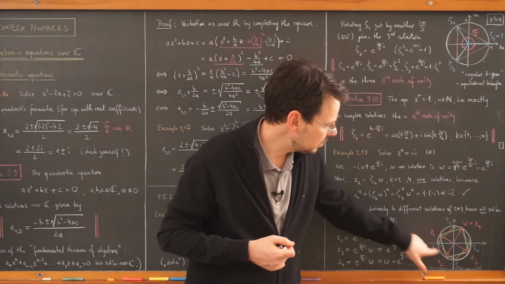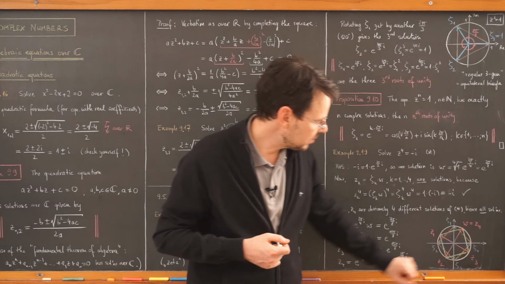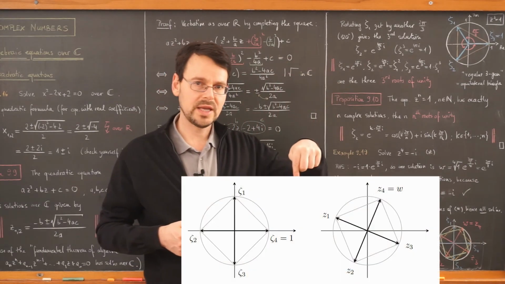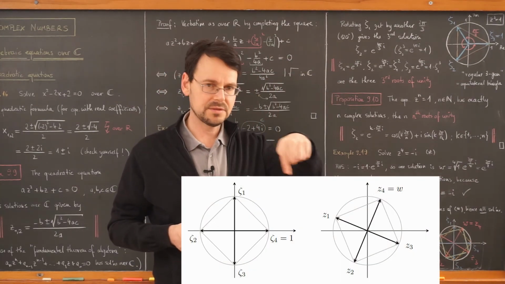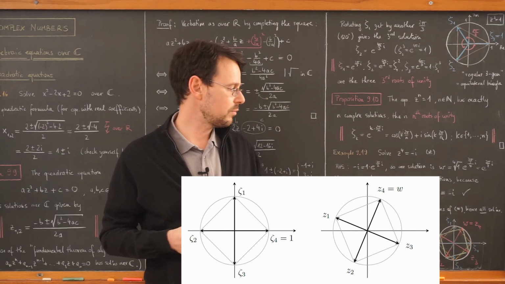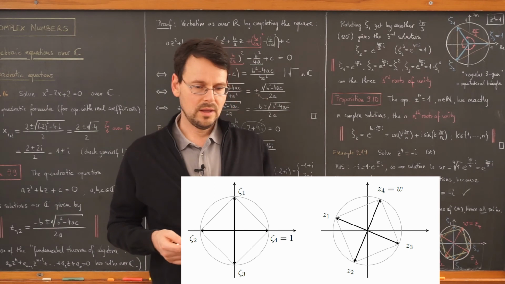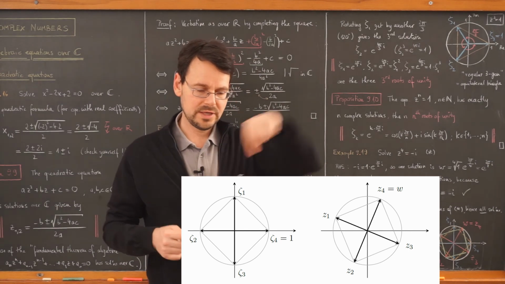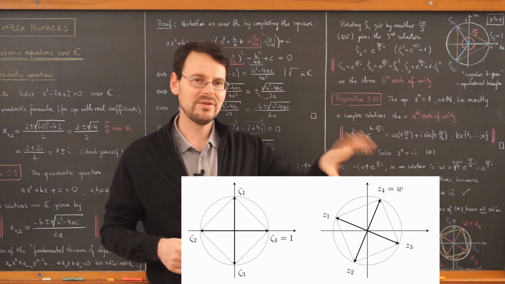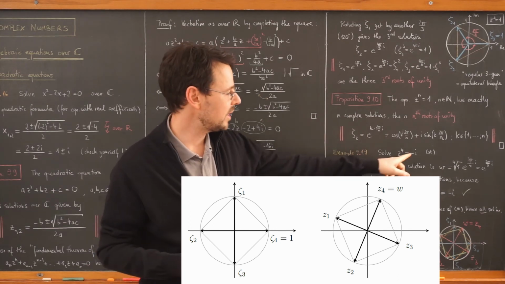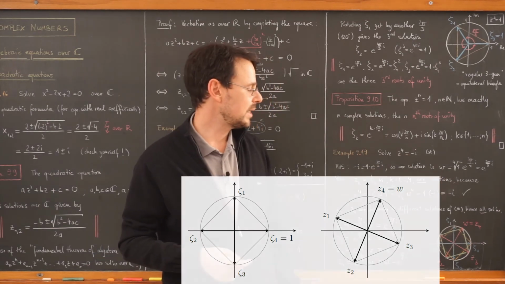Now this is maybe a bit messy because of the many colors. I'll show you again. On the left-hand side, the square corresponding to the 4th roots of unity, where I would have a 1 in this direction here. Here you have the rotated square, simply rotated by this solution w.